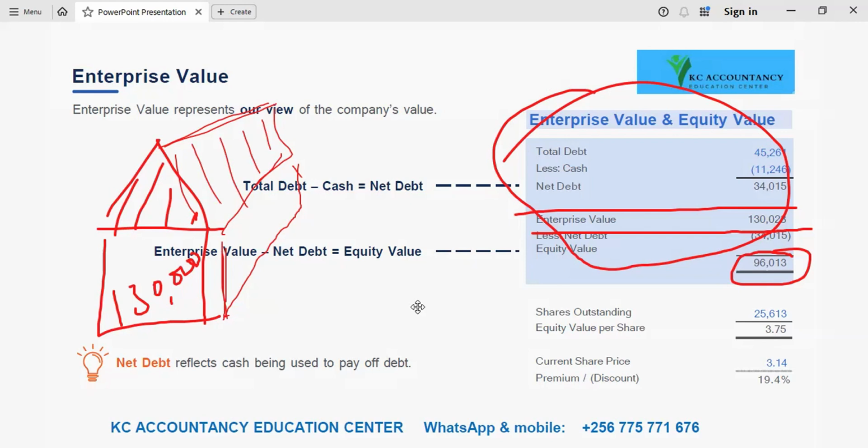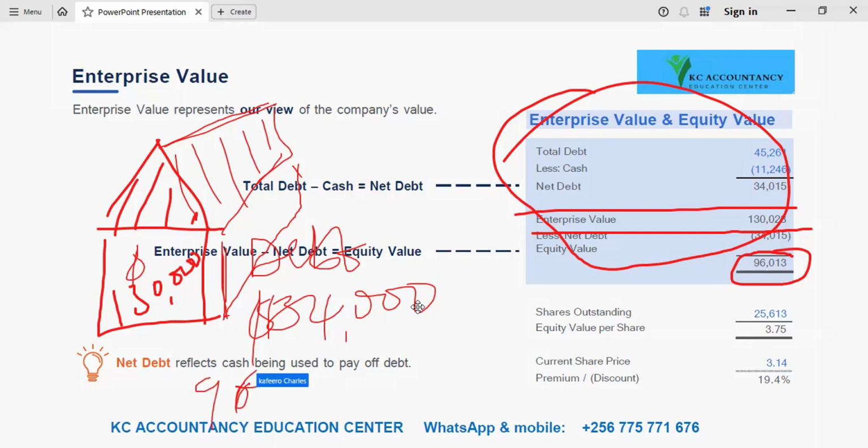We can sell this house at $130 US, pay off our mortgage, the debt of $34,000 US, and that is going to leave us with a residual amount of $96,000, which is our equity. In other words, that is the residual amount that has been left.